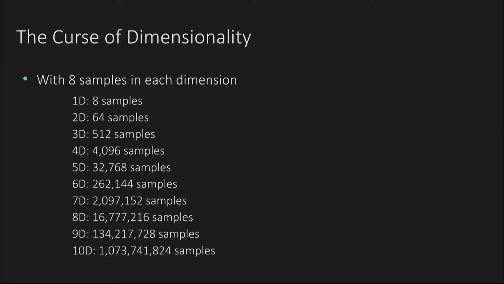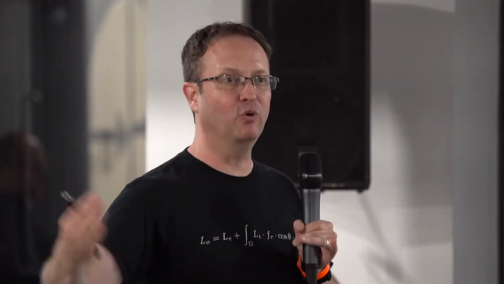I needed to plot about 512 values, and I could see the whole space. As you add more and more dimensions, it goes up exponentially. So when you get to 10 dimensions, you would need 1 billion samples to explore the space of possibilities in the same way.